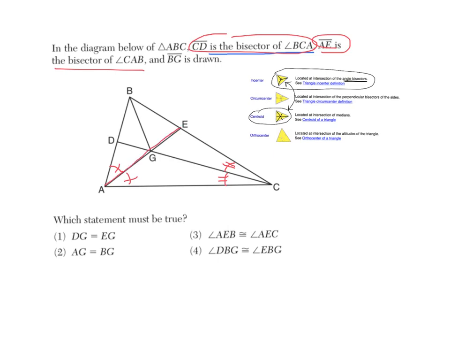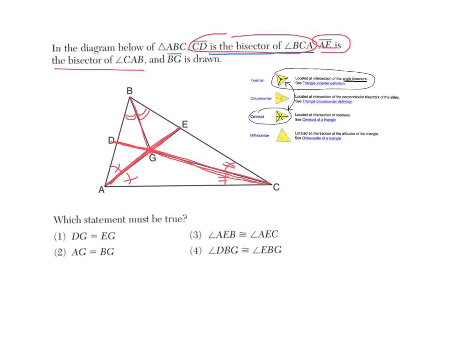Now, this is an example of the incenter. It's not something that's completely shocking to you, it's not that radical of an idea, but the idea is if we have 2 angle bisectors intersecting each other inside the triangle, then if we draw another segment to that point, that point is called the incenter, and that would make this last one also an angle bisector, where these 2 angles would have to be the same.